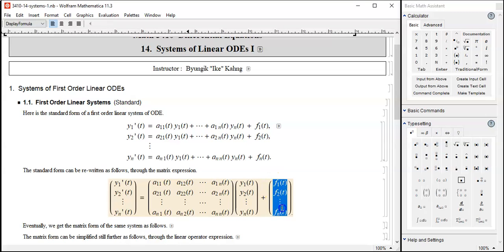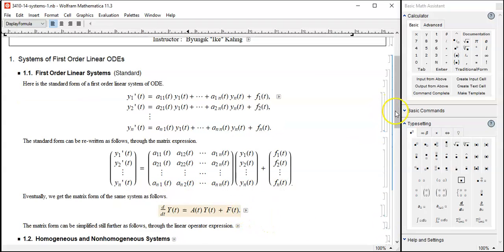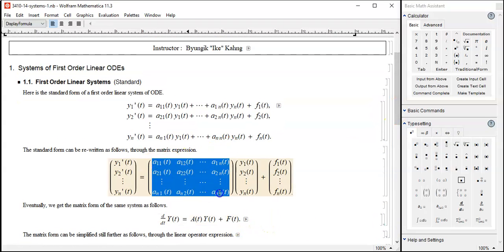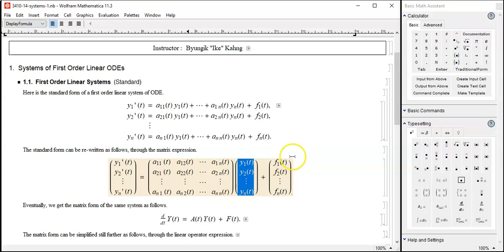And then we have another n-dimensional column vector function here for the non-homogeneous part. And then we can simplify it further into this, where A is this n by n matrix, y is this column vector function, and f is that column vector function.